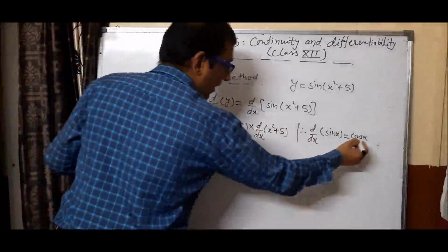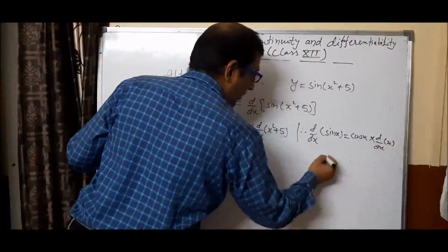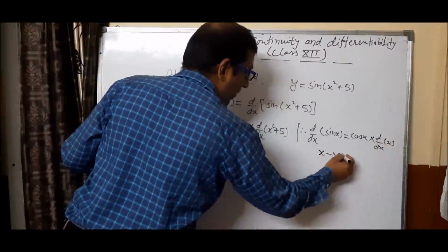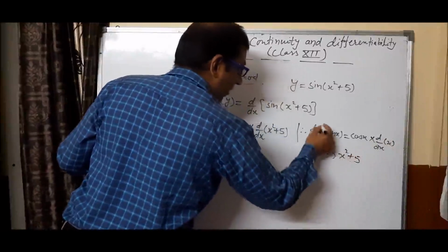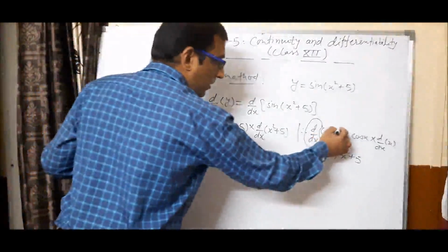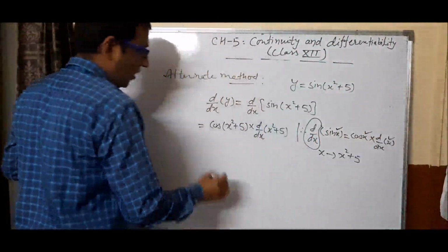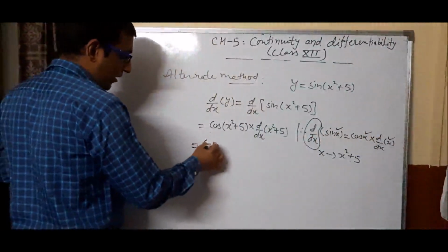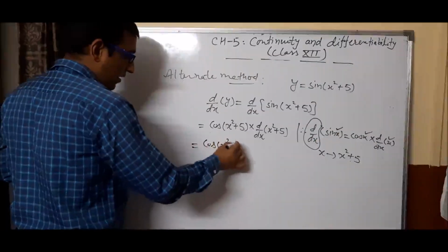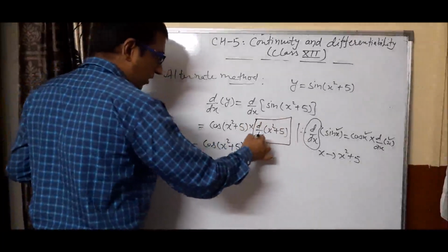And here if we want to write into d by dx, then it is also right. What we will do here, only we will replace x by x square plus 5. We will not change d by dx because it is the differentiation operator. So we will change only x, this one and this one. So after this, when we continue, it remains the same, and here we will go with the algebra of derivatives.